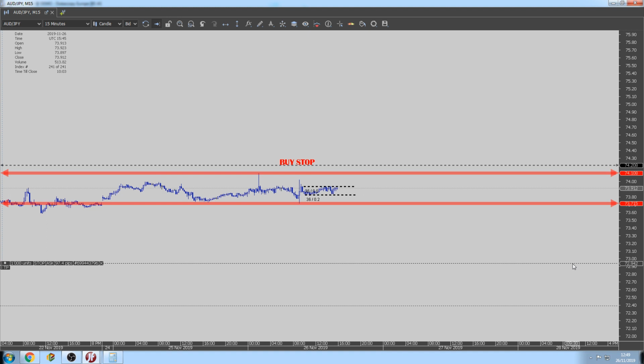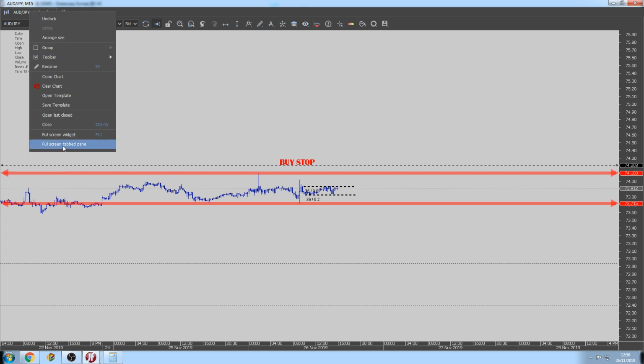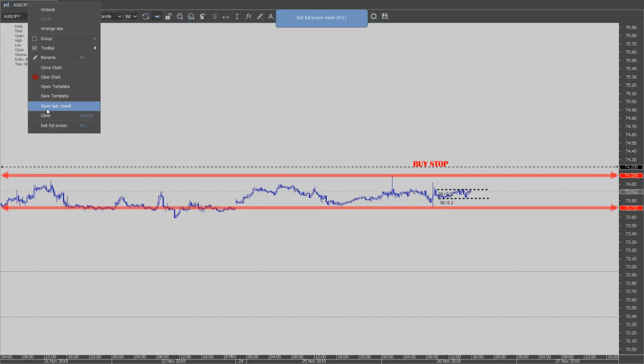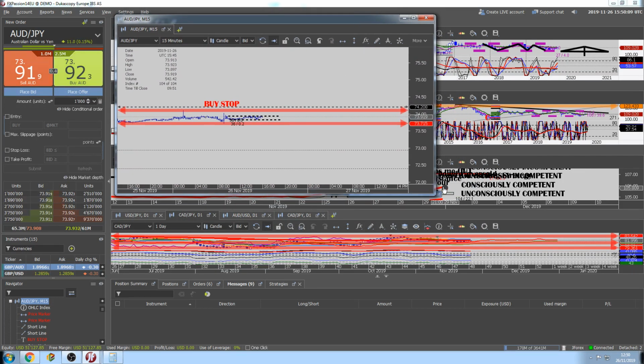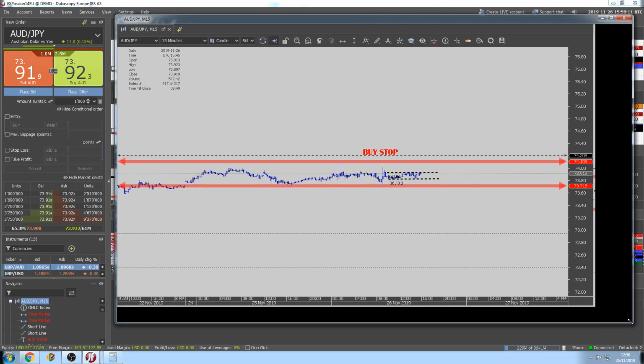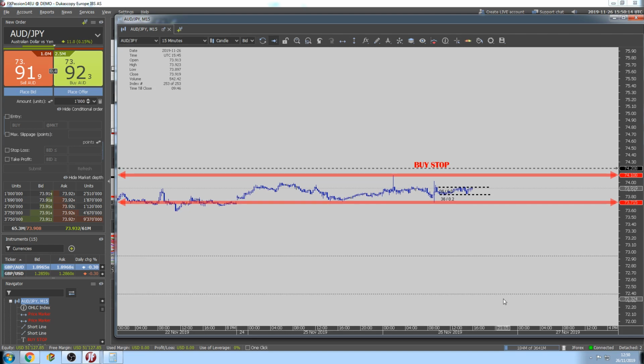Strange. What is this? Stochastic. For some strange reason, everybody, I don't see the entry on the AUD JPY. What is this? Stochastic. This is for other.